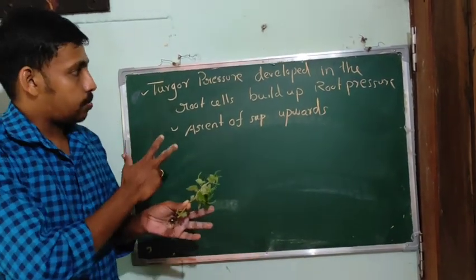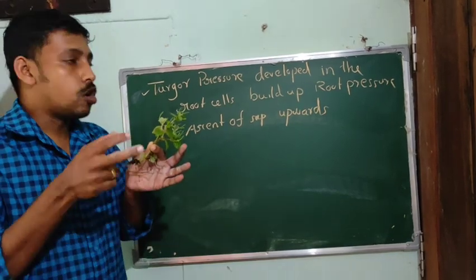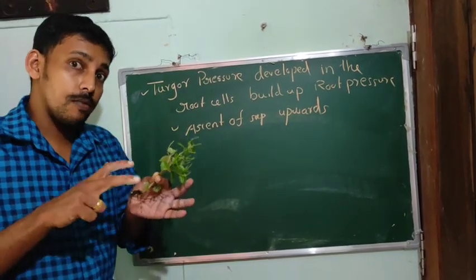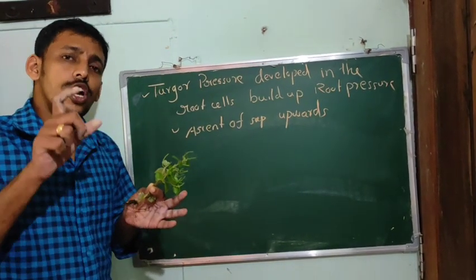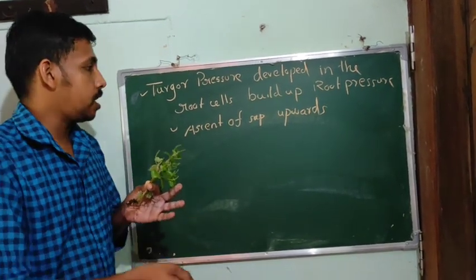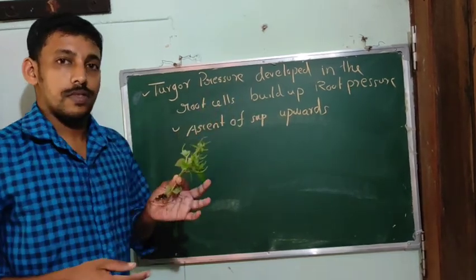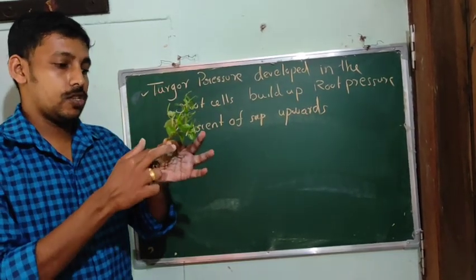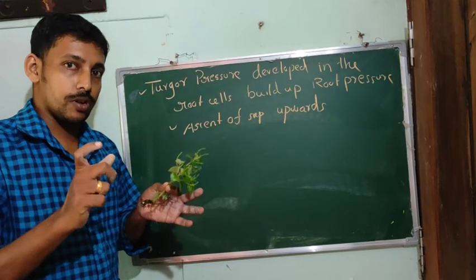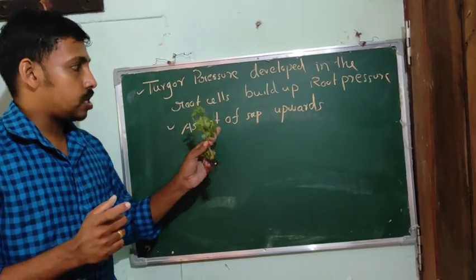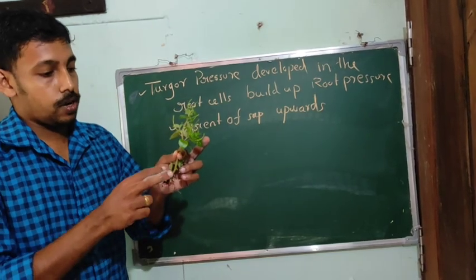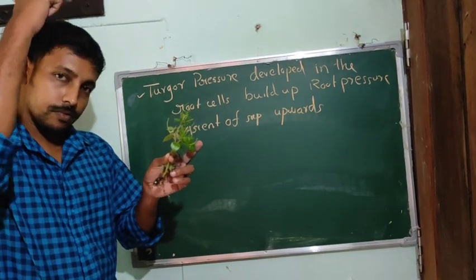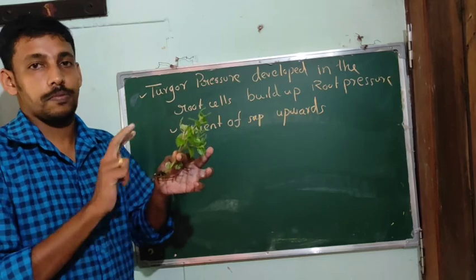So the turgor pressure developed in the root cells builds up the root pressure, and this root pressure helps in the ascent of sap upwards through the stem. The nutrients and the water all go upwards through the stem.